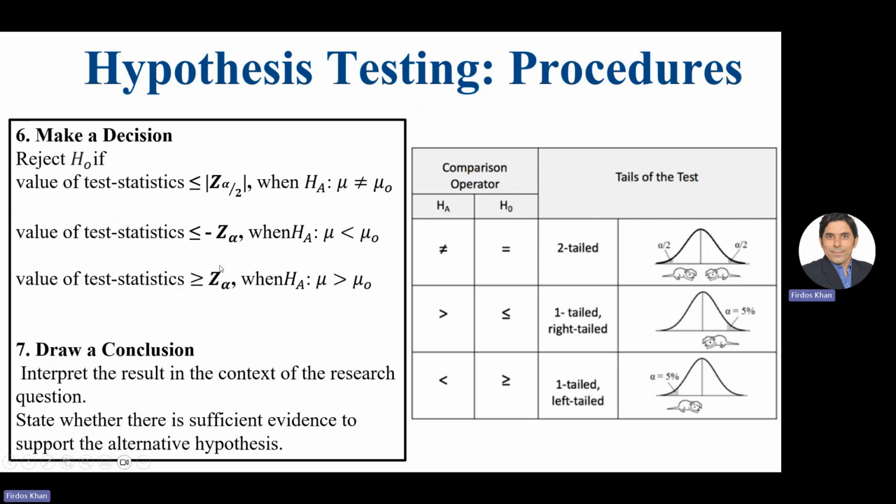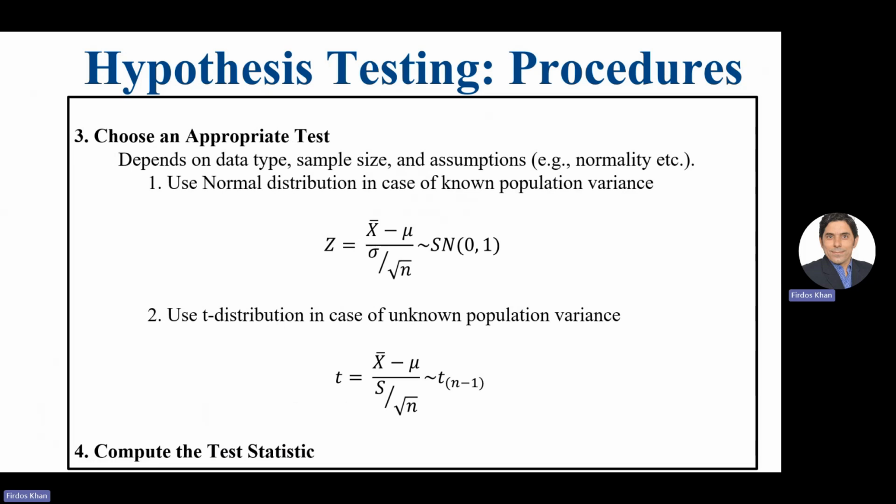And the last one: reject H naught if the value of the test statistic which you calculated in the fourth step is greater than or equal to z alpha. This is because the alternative is greater, so the rejection region is on the right side. You need to see z alpha, that is z 0.05, from the table. You will have a value of z here, and you have the value of z or t calculated in the fourth step, depending on the assumptions.